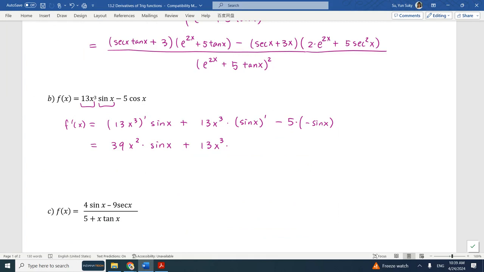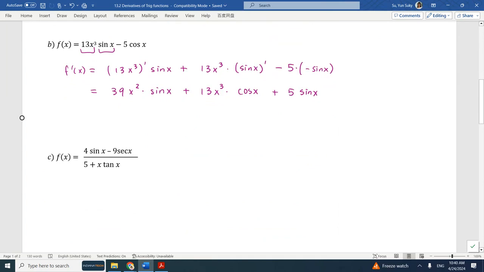Yeah, sine and cosine are in a family. And tangent has two wives, secant. So then this is cosine and then plus 5 sine x. Okay, everybody?